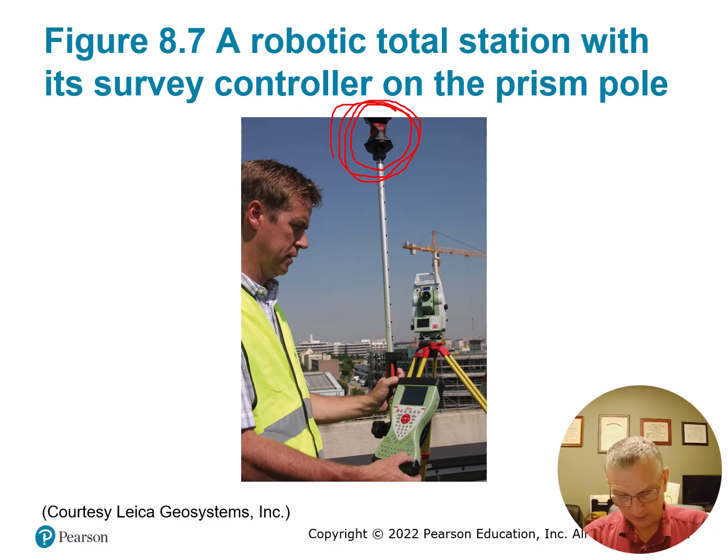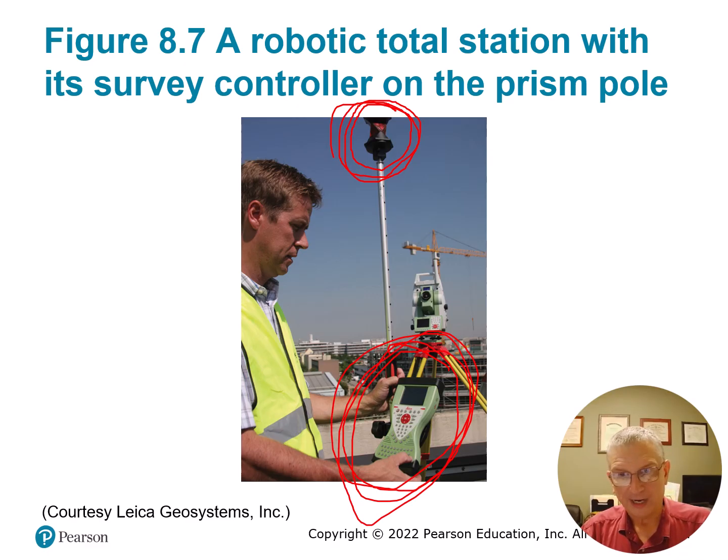This is really important because as they developed robotics, you weren't always able to keep track of exactly where the instrument was and keep it pointed towards it. So you see here the operator, the technician, has a controller, a data collector.